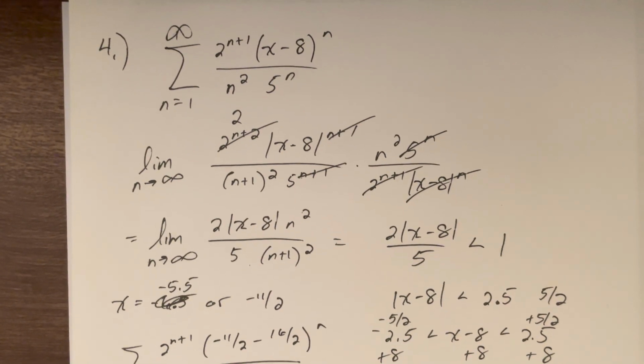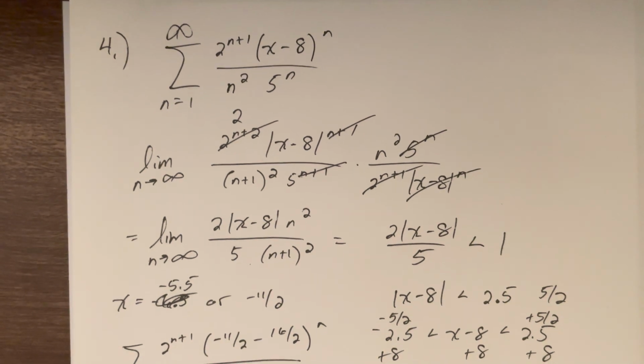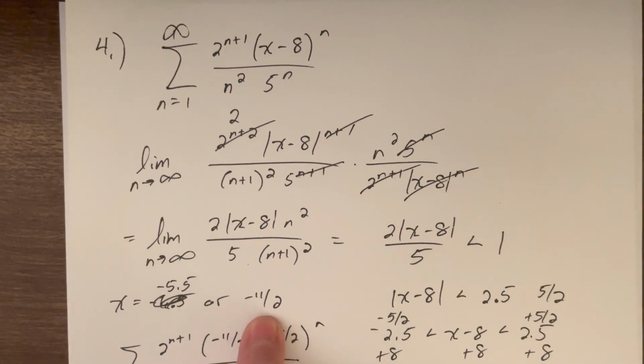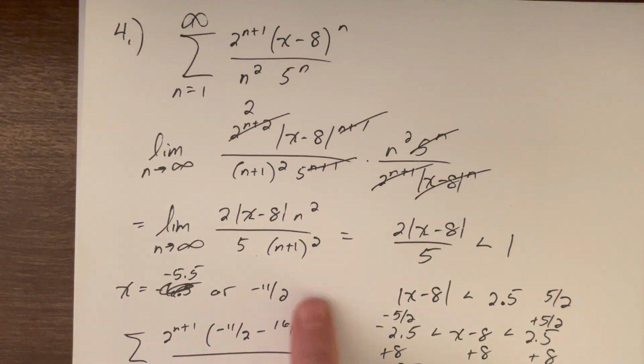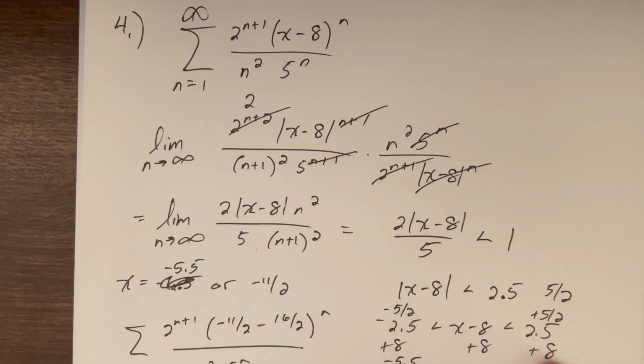Still over n squared. 50 over n squared, p equals 2, which is greater than 1, converges. So I'm going to have to include the negative 11 halves, or the negative 5.5. That's why I went back and showed you with fractions, everybody. If you do that with decimals, that's definitely not so obvious. So it feels fine like you're doing decimals over here, but then when you plug them in, it's like, wait, things aren't cleaning up. That's a part of the reason.